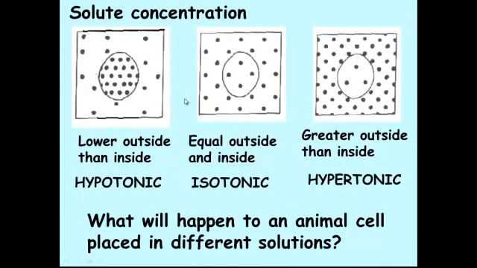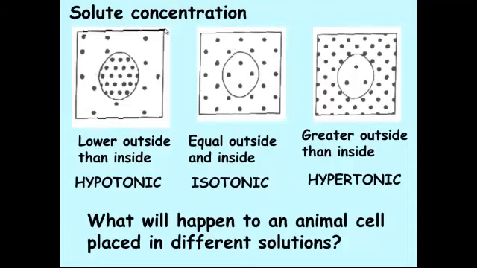So let's look at some situations in cells. You have several possibilities. One situation could be where a cell is sitting in a liquid that has a lower concentration of dissolved solutes outside the cell compared to inside. So in these three little diagrams, these big circles are cells, and think of these as a little container holding a liquid, and inside the liquid there are molecules dissolved.